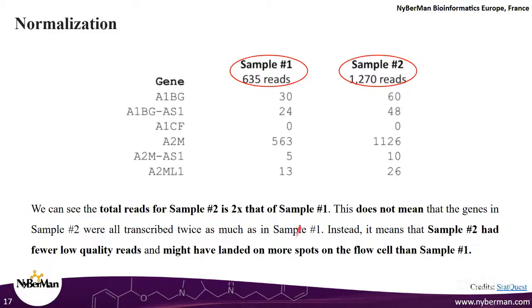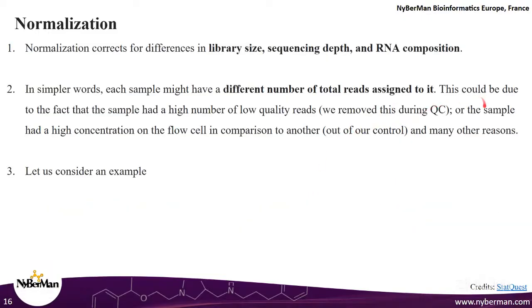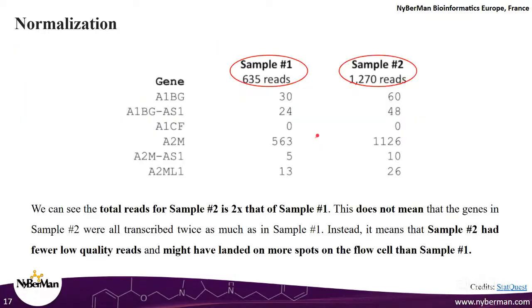As I said, any of these two things could have happened, right? For example, it could mean that sample 1 had a lot of low quality reads, right? When we sequenced, maybe both of them had 1270 reads, right? That is possible. Both of them had 1270 reads.